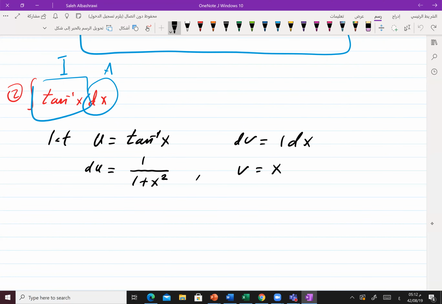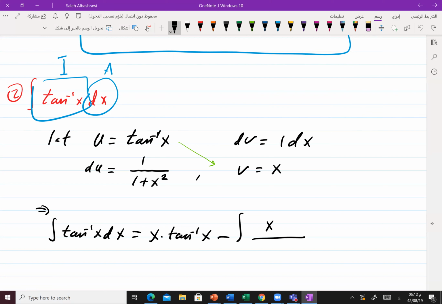So the integration of tan inverse x dx is equal to v times u, which is x multiplied by tan inverse x, minus integration of v du, which will be x over 1 plus x squared dx.